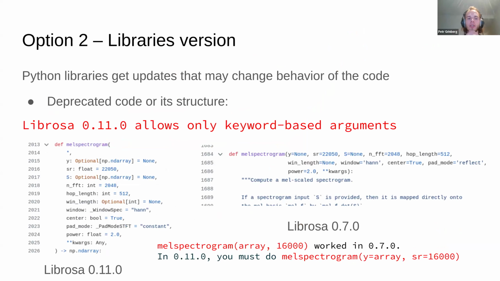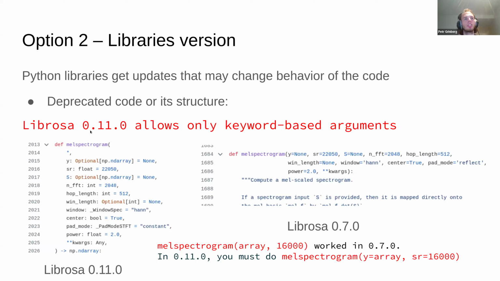Another thing that may have an impact is the library version. An update may break the code or change its behavior. For example, there is an audio library called Librosa, and before you could define arguments as you wanted. You could pass them as keyword arguments or as ordered arguments, everything worked. For example, melspectrogram with this number worked in 0.7.0.